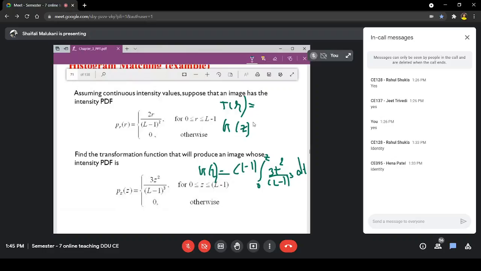So many examples to cover, right? So quickly do that, otherwise we will need some extra time to complete. So better we complete it in this ongoing session.